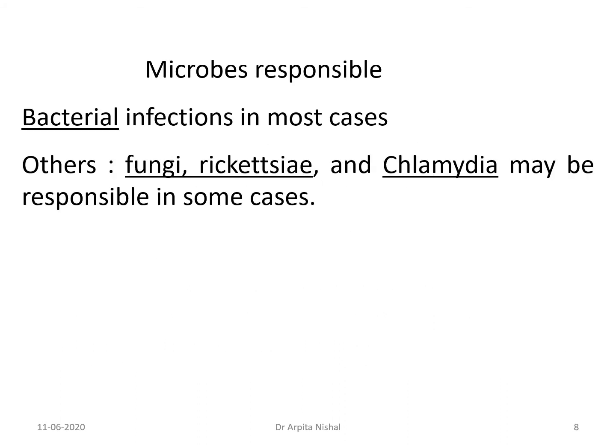Which microbes are responsible for causing infective endocarditis? In most cases, it is due to bacteria, and that is why this endocarditis is also called bacterial endocarditis. Other causative organisms are fungi, rickettsia, and chlamydia, which may also be responsible in some cases.